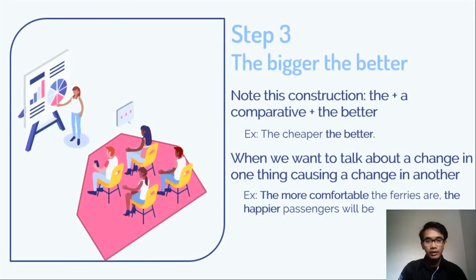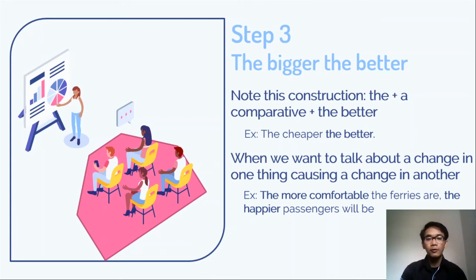Step three: the bigger, the better. Note this construction: the plus a comparative, the plus a comparative. Example: the cheaper, the better. The higher, the better. The taller, the better, and many others. When we want to talk about a change in one thing causing change in another.